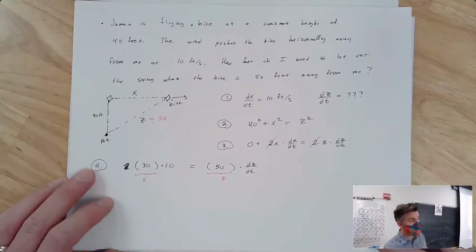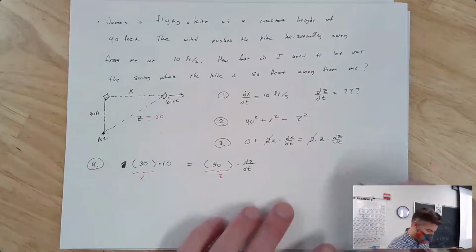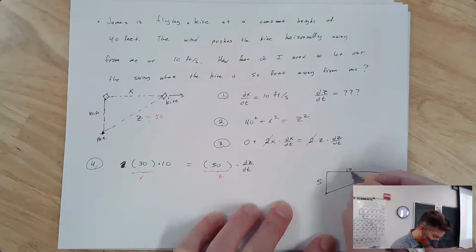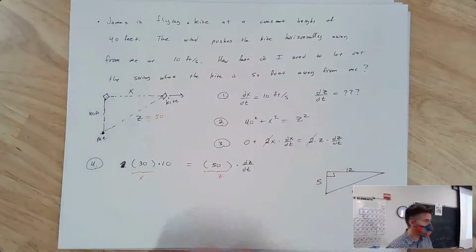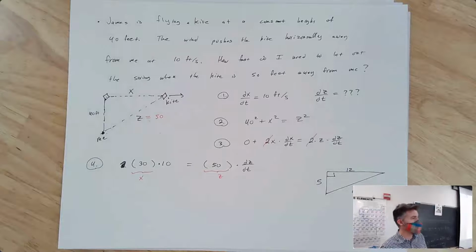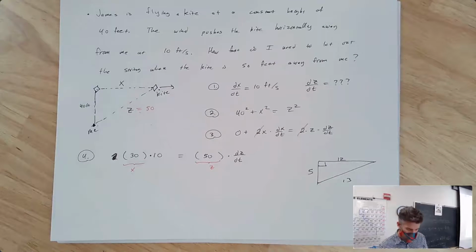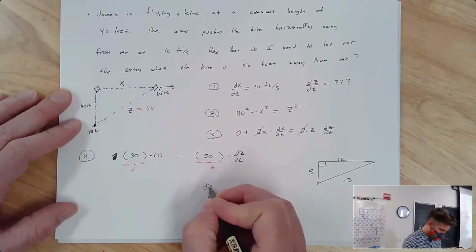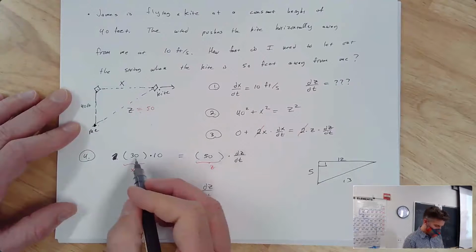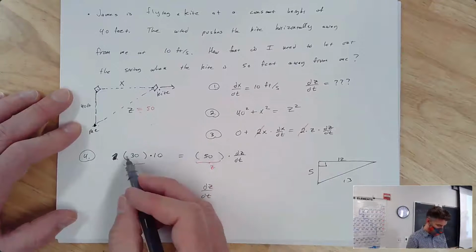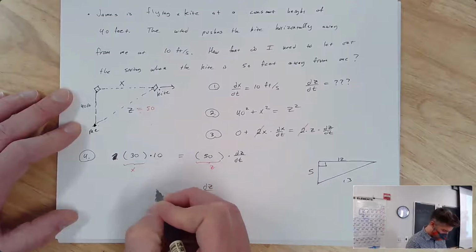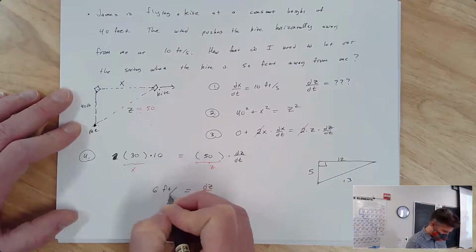The other one you might want to know, because it comes up semi-frequently, is a 5, 12, 13 right triangle. That's the next well-known Pythagorean triple. Then divide both sides by 50, and you get dz/dt. 30 times 10 divided by 50, or 30 divided by 5, is going to be 6 feet per second.